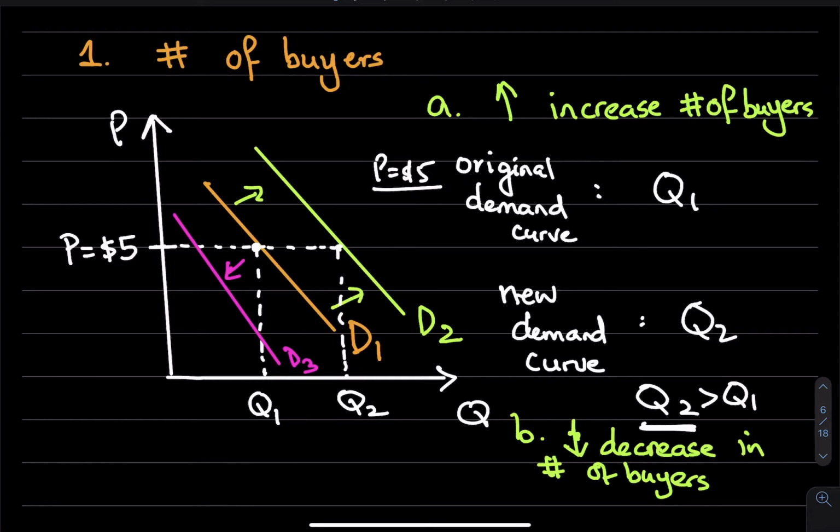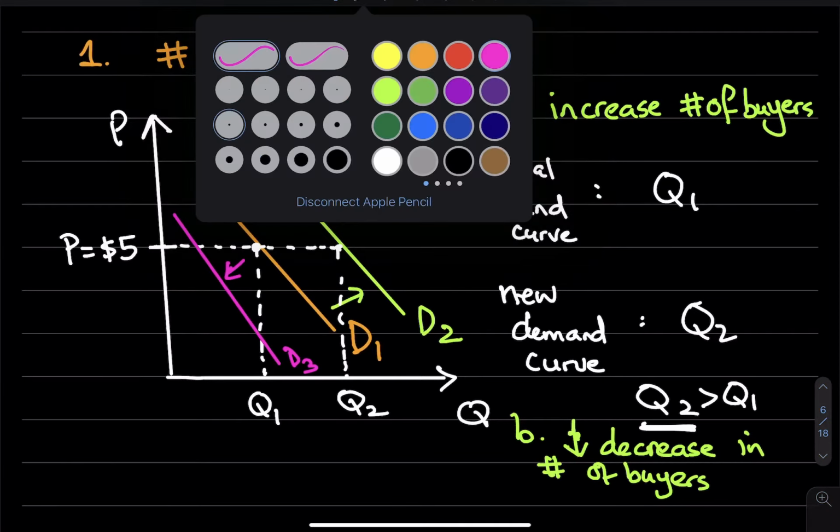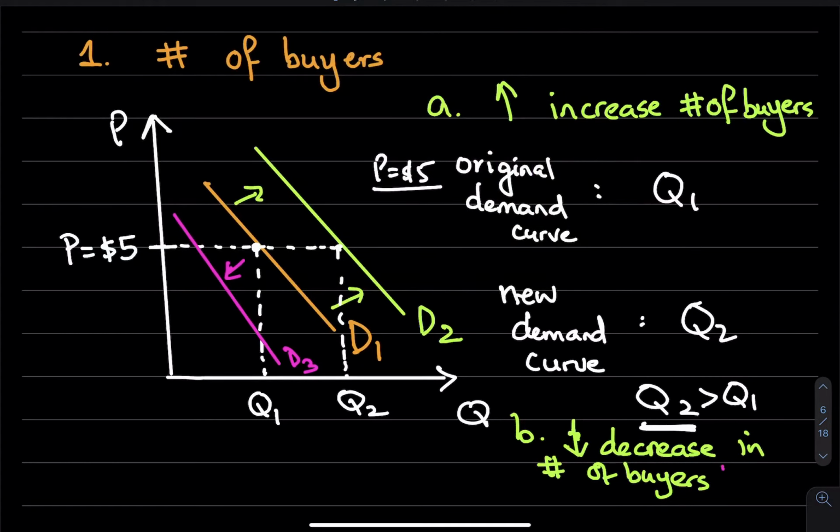Okay, so you would see a shift from D1 to D3, and that's a fall in demand. So at a price point of $5, we would now be demanding Q3, and Q3 is less than Q1.